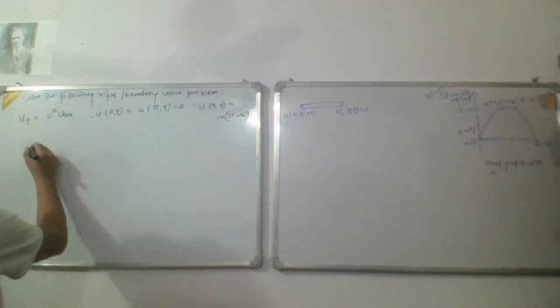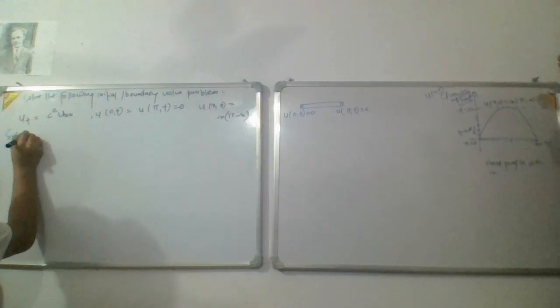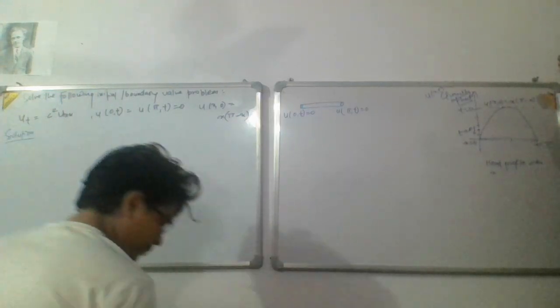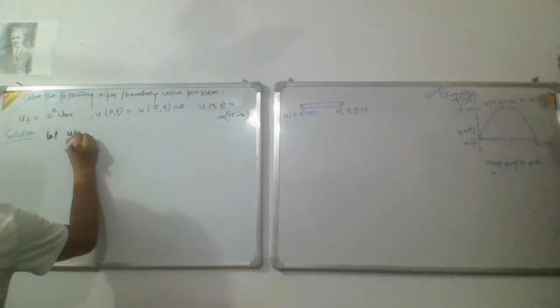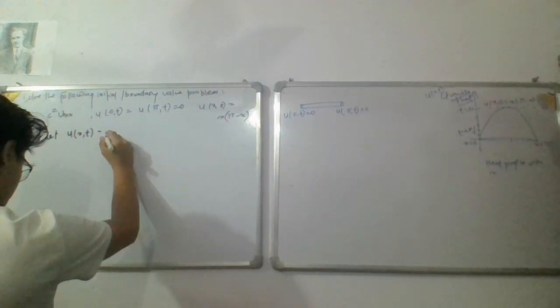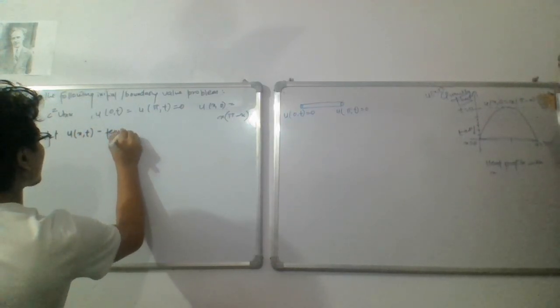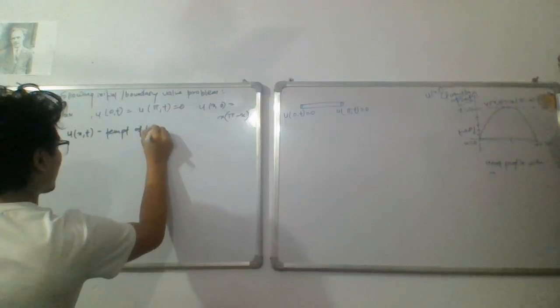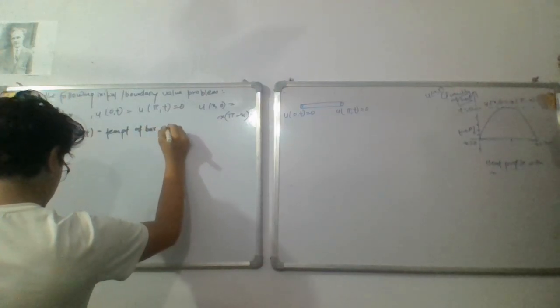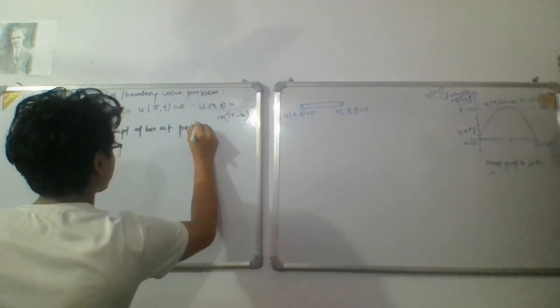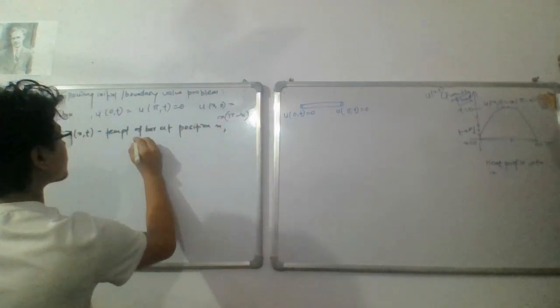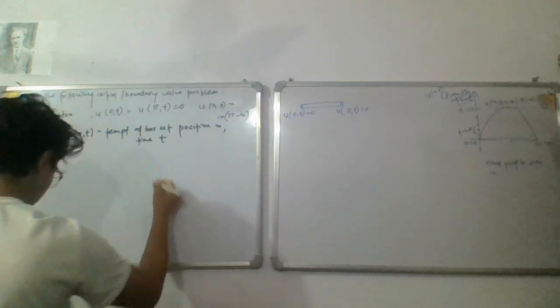So here is the solution. Let u x t be the temperature of the bar at position x at time t.